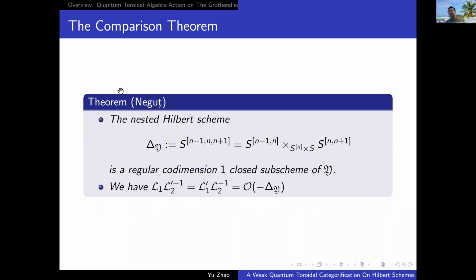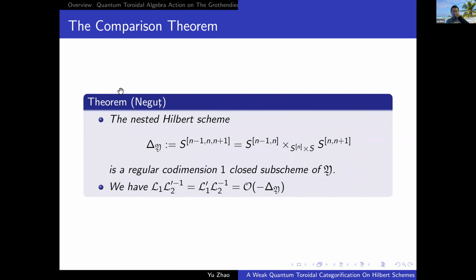Recall that we consider Y as a fold ideal sheaf, and we could always make IN equal to IN prime. Then this closed-up scheme is actually the negative scheme of n-1 and n+1 points. Moreover, we require that the two quotients of ideals are supported at the same point.